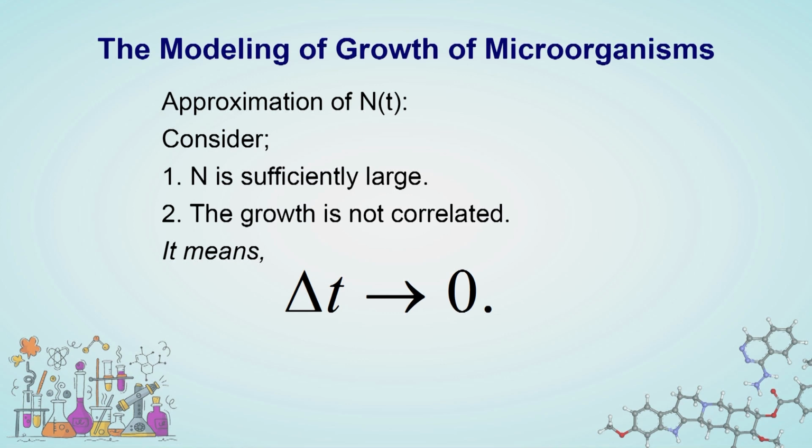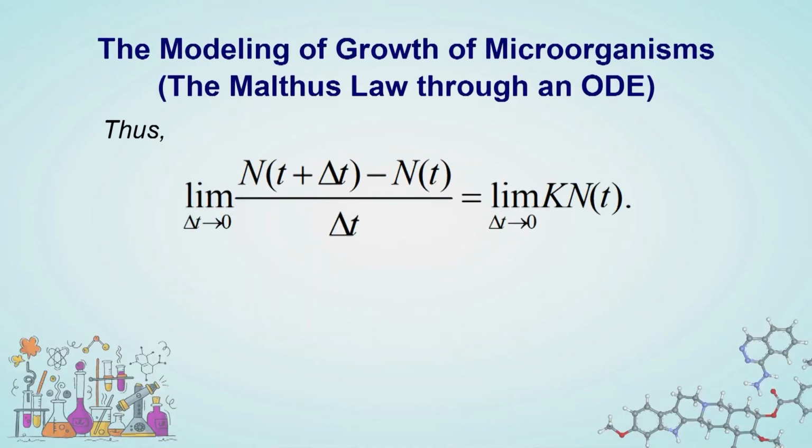It means we consider N sufficiently large or growing exponentially, but the time increment is very close to 0. Then the derivative occurs here with the same representation, d by dt, which measures the rate of change in density N(t), defined by k N(t), which is just an ODE.